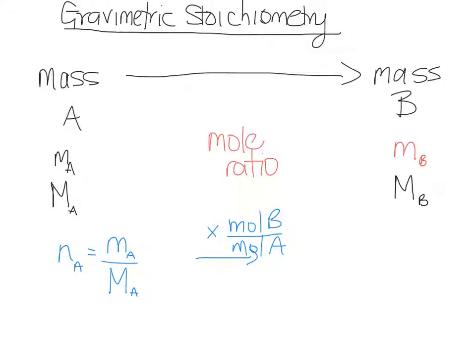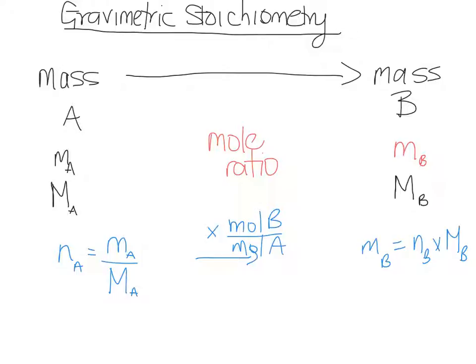That gives you moles of B, but we want mass. So if we take the moles of B, multiply it by the molar mass of B, we get mass.